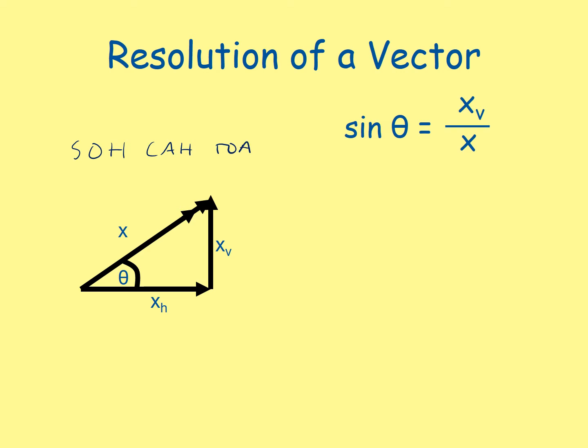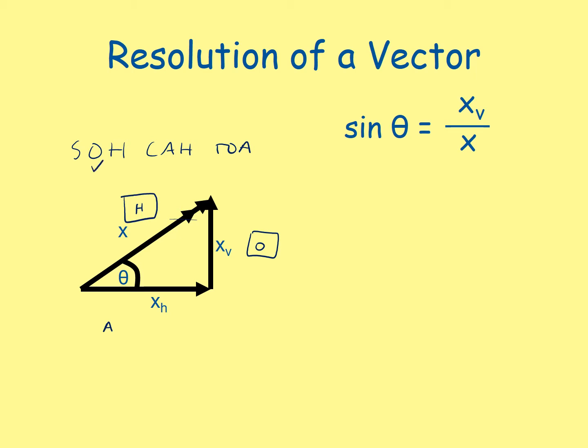we can see that sine of theta equals xv over x. I'm just going to do that quickly for you. We've got our hypotenuse here, our opposite and our adjacent, circling the ones we need or have for working out our vertical component. This is going to be this one here, and we need to be using x for this.